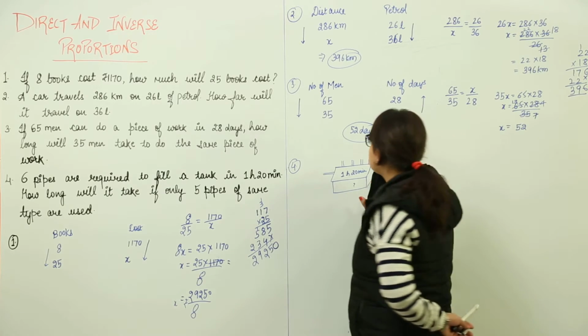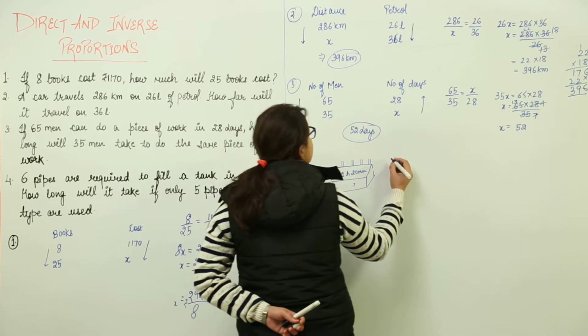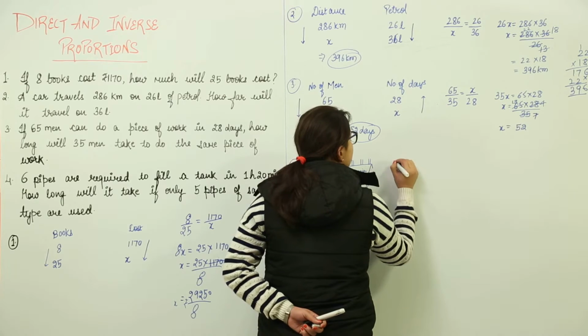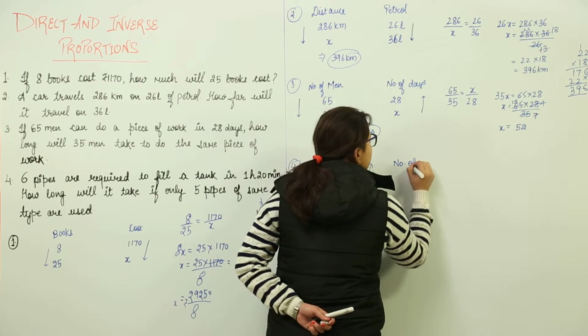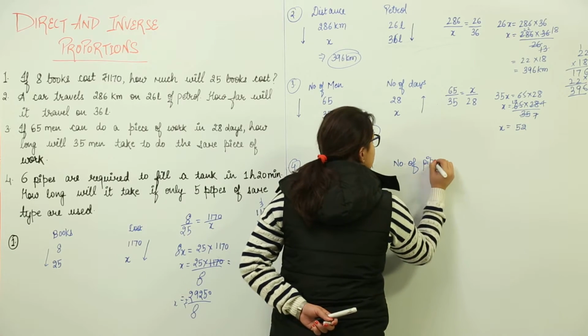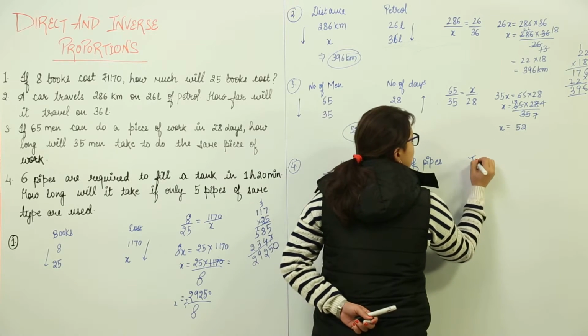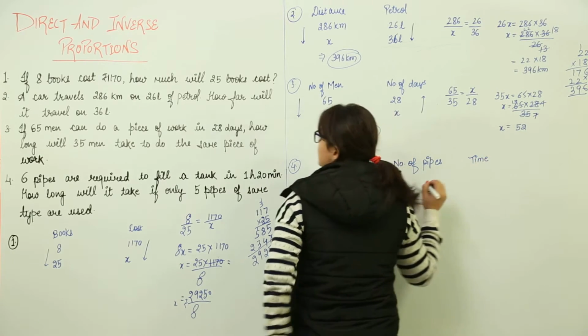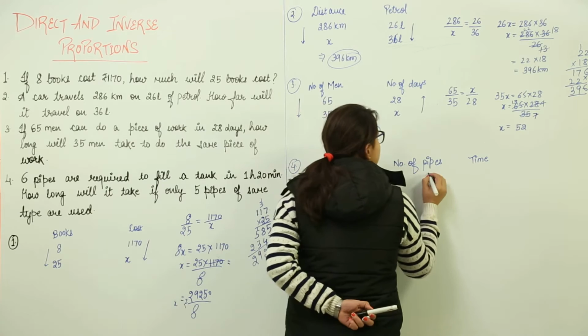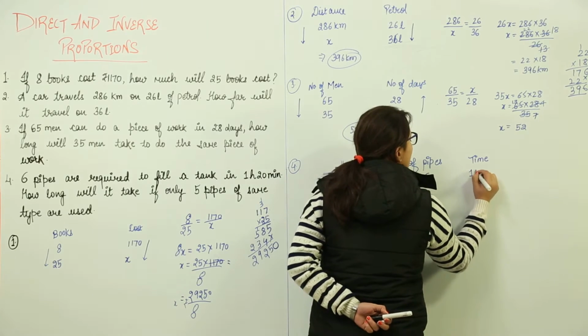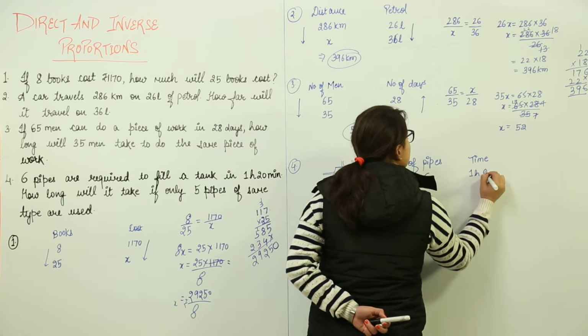That is what we have to find. Understood? Now, let us write it in the form that we used to write. The two quantities are number of pipes and time. Let us write the quantities that are given. The number of pipes was 6, then the time was 1 hour 20 minutes.